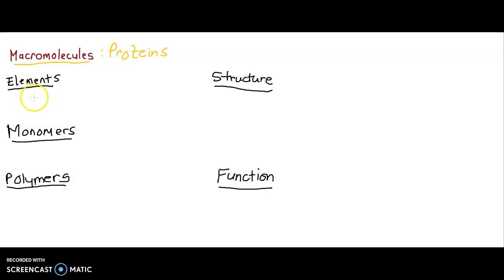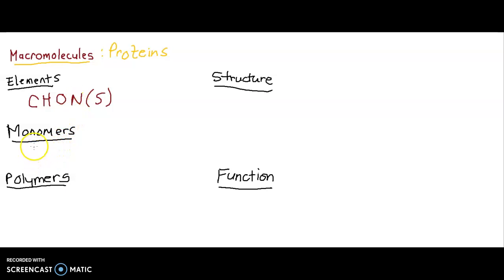The elements present in proteins include carbon, hydrogen, oxygen, nitrogen, and sometimes sulfur. Recall that carbon makes 4 bonds, hydrogen can only make 1, and oxygen can make 2. Okay, so now that we have our elements, CHON, let's talk about the monomers.